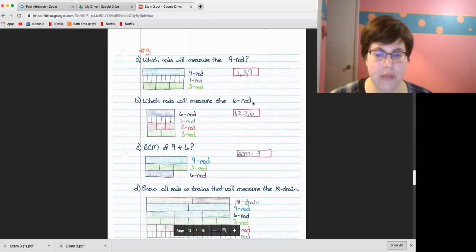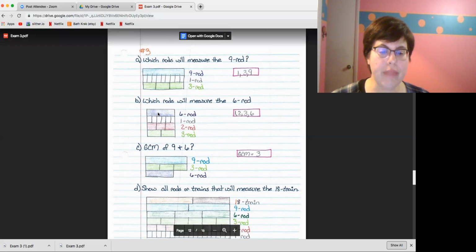And we do that again with the 6 rod, and we know we can use the 1, the 2, the 3, and the 6 rods, each type of rod, to get the measurement for the 6 rod. So 6 1 rods is equal to 1 6 rod. 3 2 rods is equal to the length of 1 6 rod.